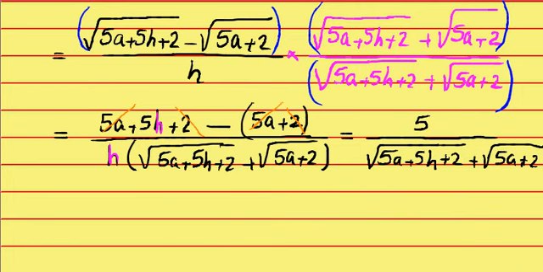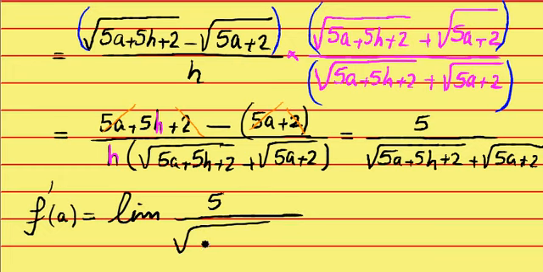Now time to write the derivative. So f prime is the limit of this expression, 5 over radical 5a plus 5h plus 2 plus another radical 5a plus 2.